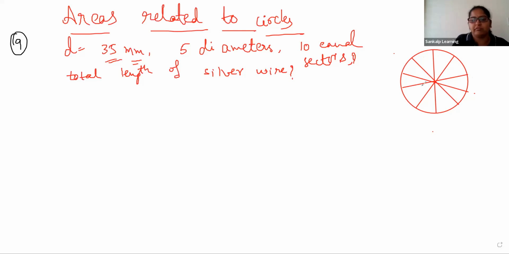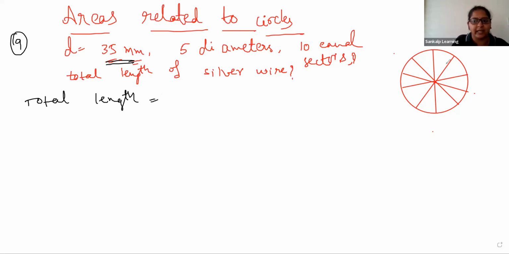Okay. So to find the total length, children, each diameter is 35 millimeter. So for total length, you have to find the length of the wires, that is, the length of the diameters as well as the circumference.